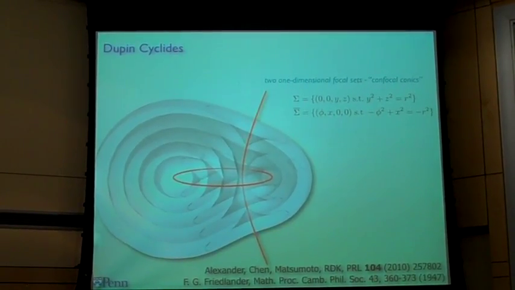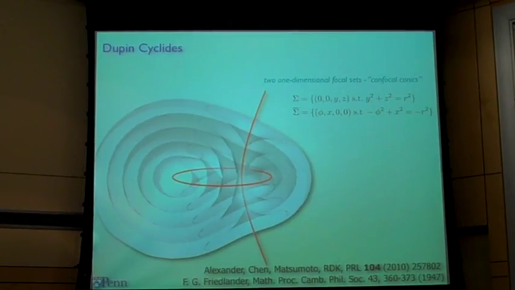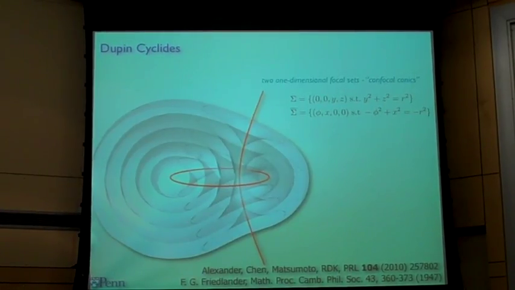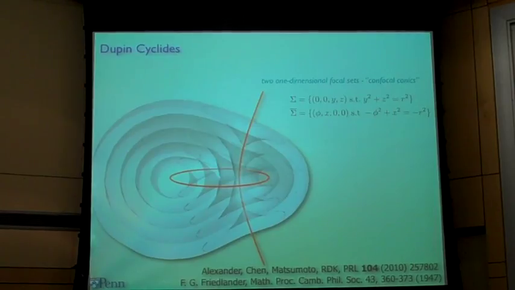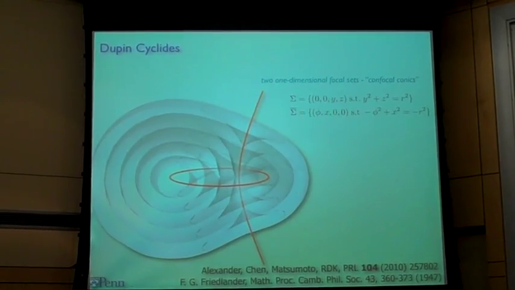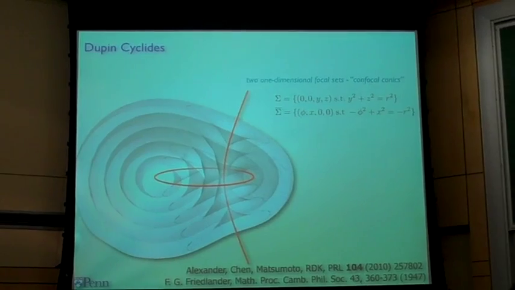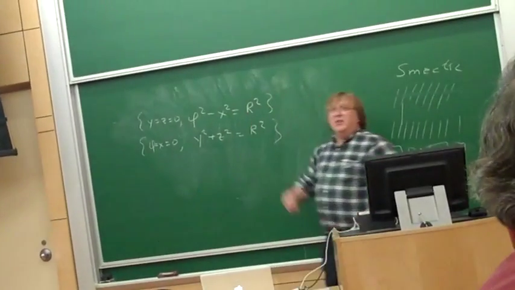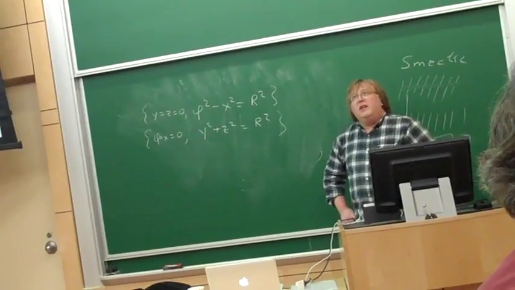Phi squared minus x squared is r squared, and y squared plus z squared is r squared. And this is the set also y equals z equals 0. This is one set. And here's the other set, phi equals x equals 0. These 2 sets are null separated by construction.